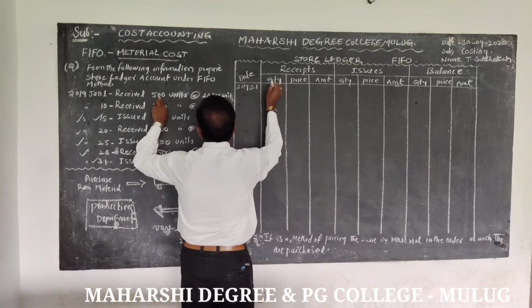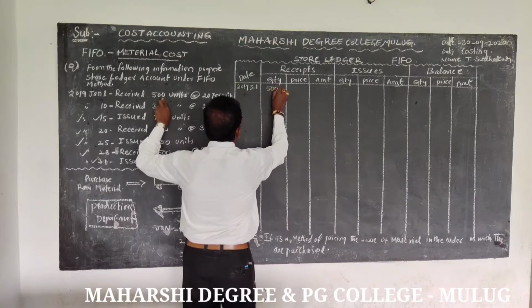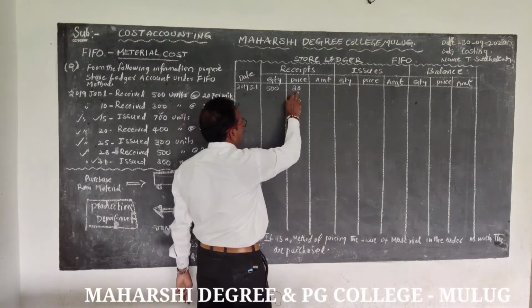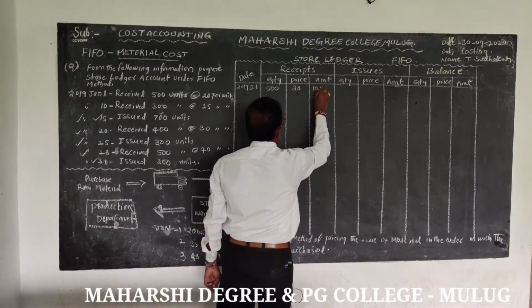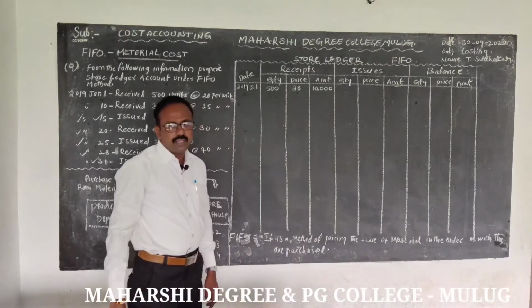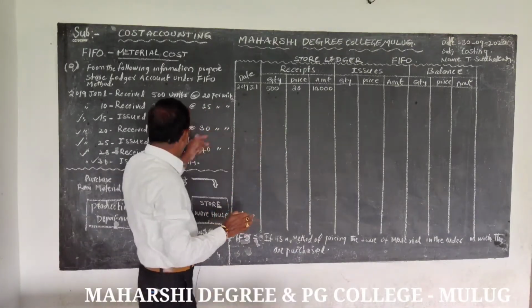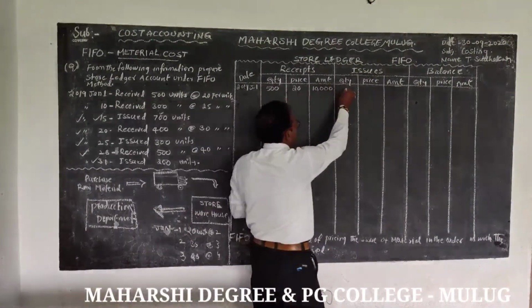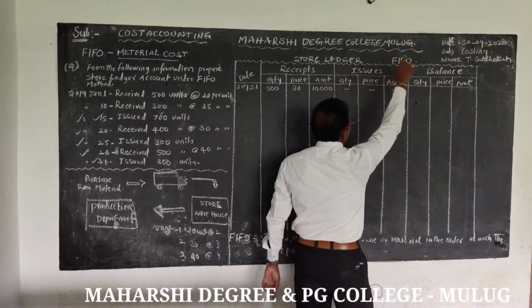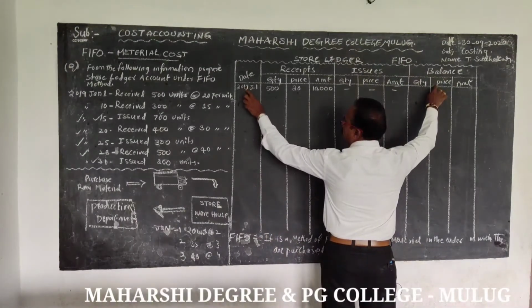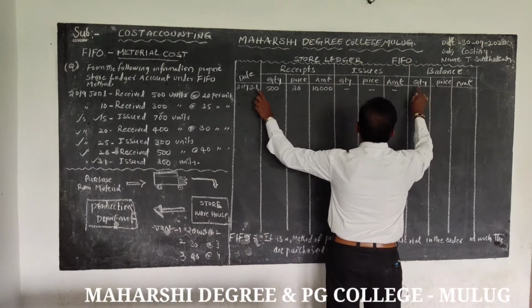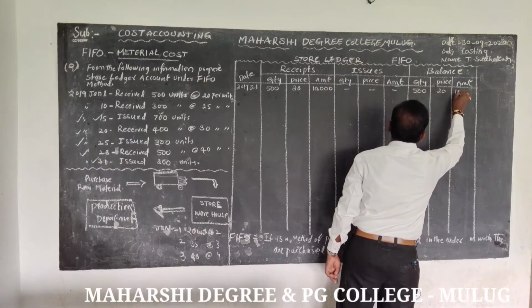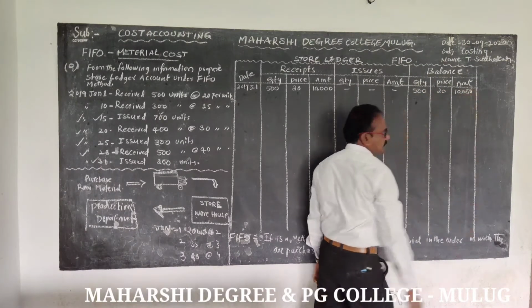The quantity is 500 units at the rate of 20 rupees. So 500 into 20 is 10,000 rupees, the amount received from the purchase department. This is also entered in the balance column: 500 units at the rate of 20, 10,000 balance at the store.